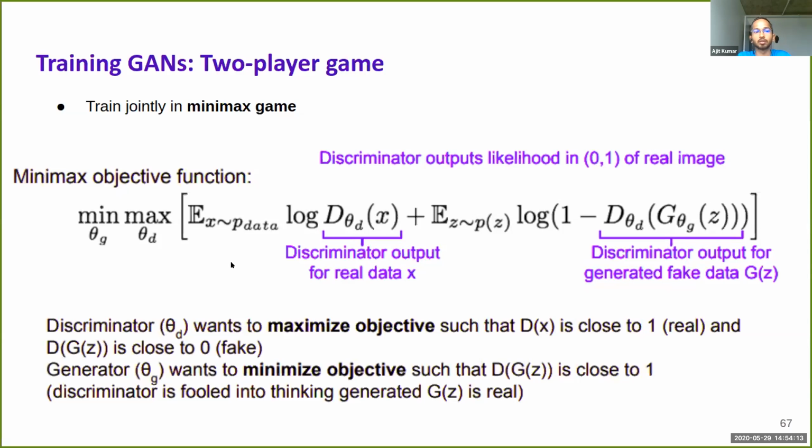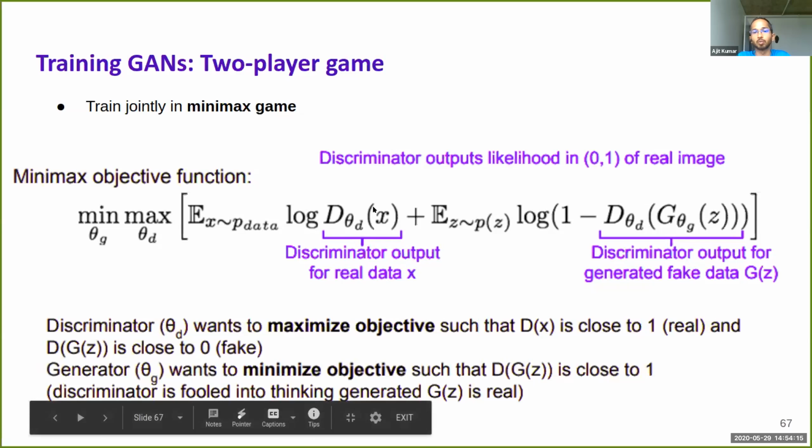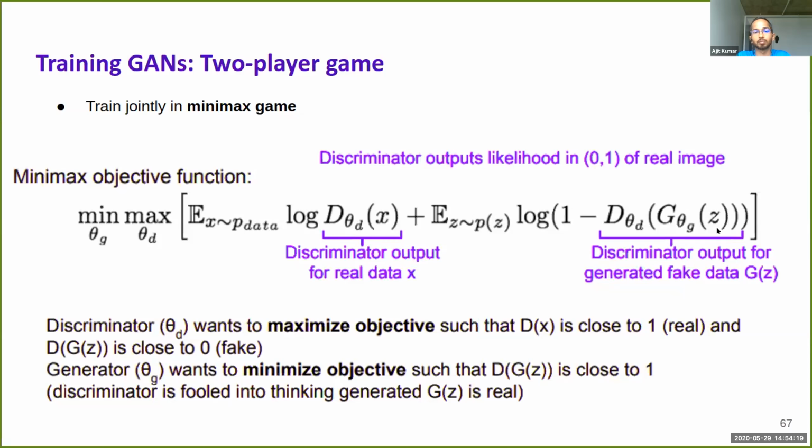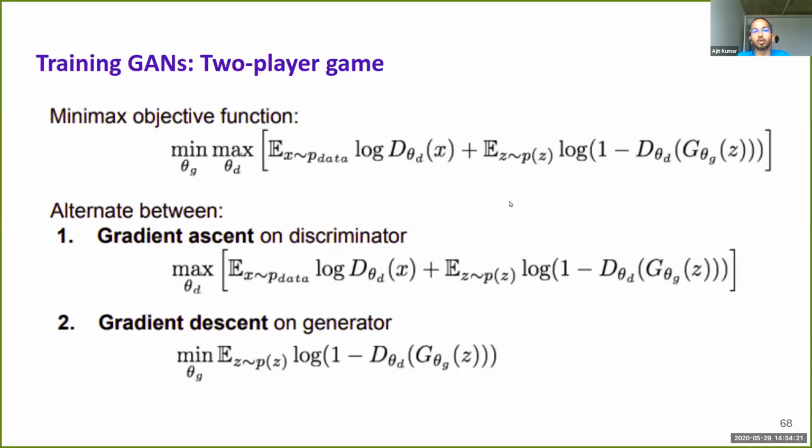So how do we maximize or minimize this whole objective function? Because we have to maximize this objective function with respect to the parameters of the discriminator, we do gradient ascent on the discriminator.